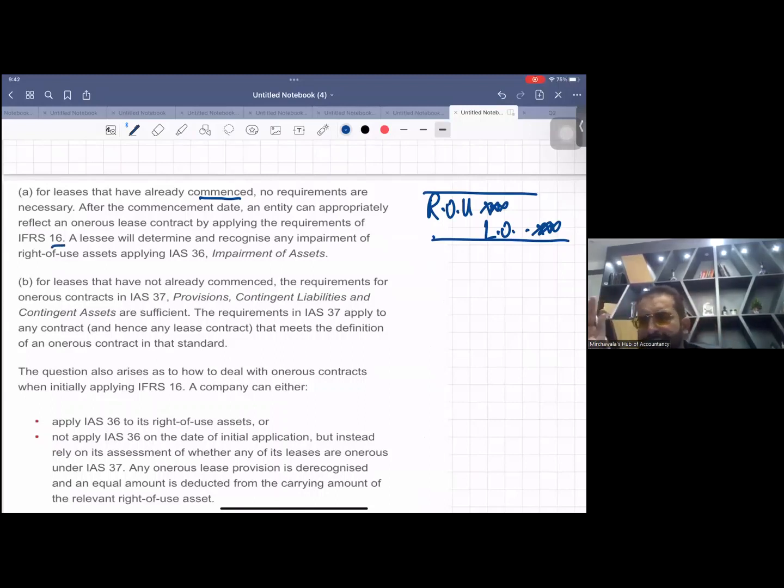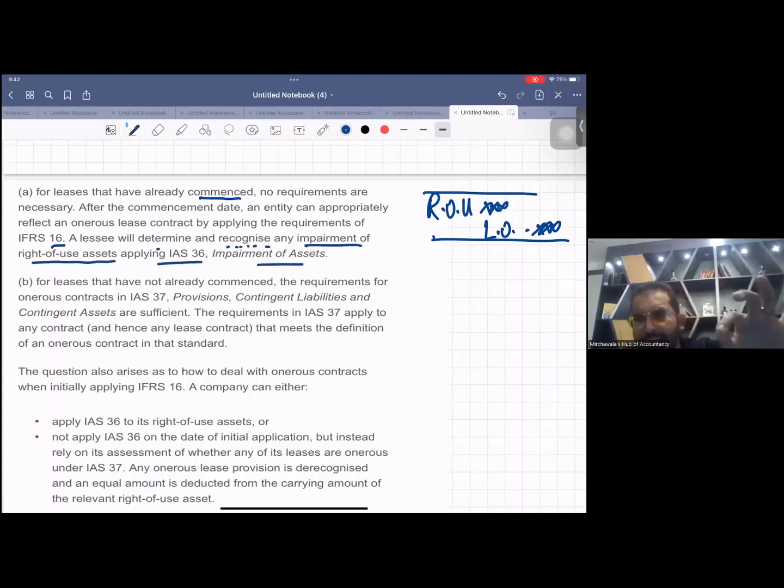Just go with IFRS 16 because you have already booked the present value of all future cash flows. A lessee will determine and recognize any impairment of right of use applying IAS 36.